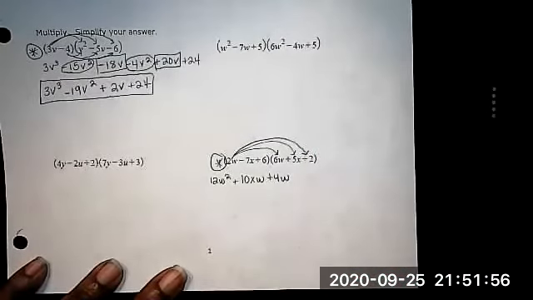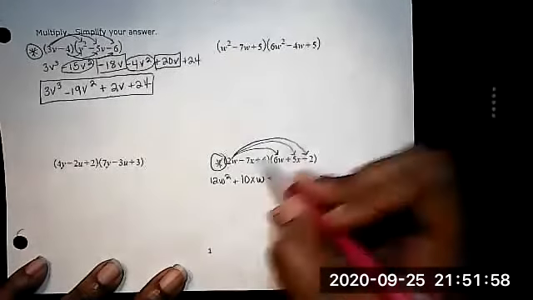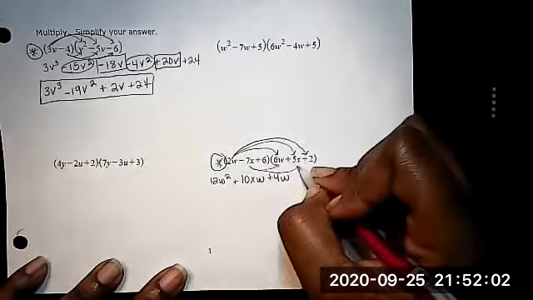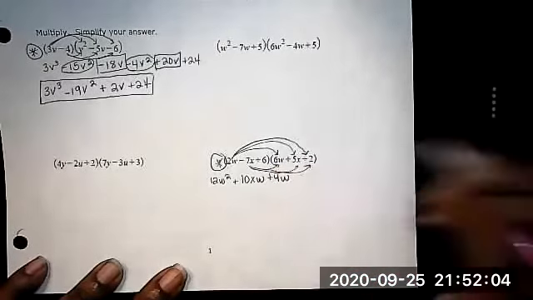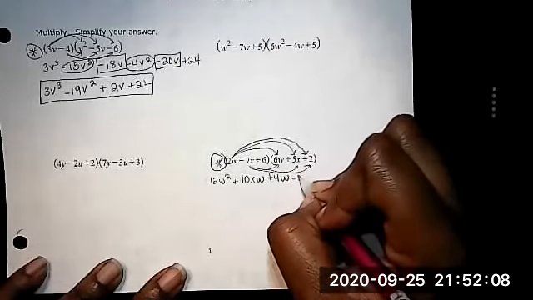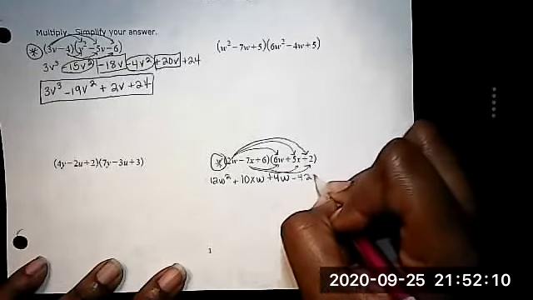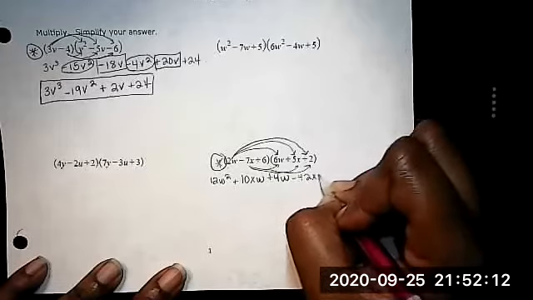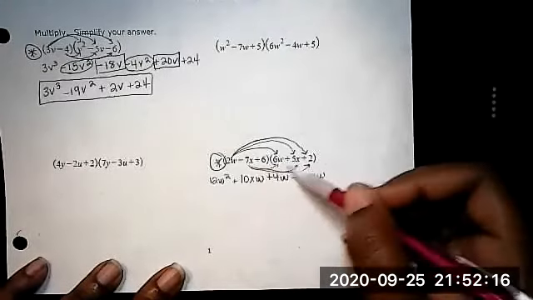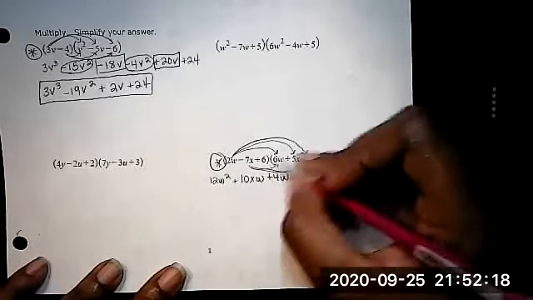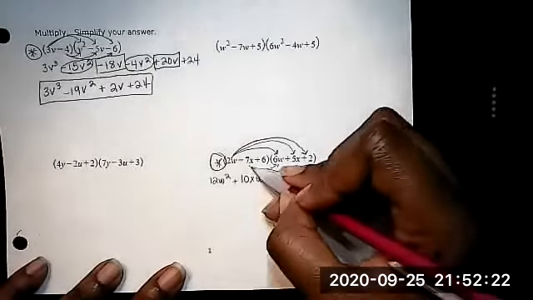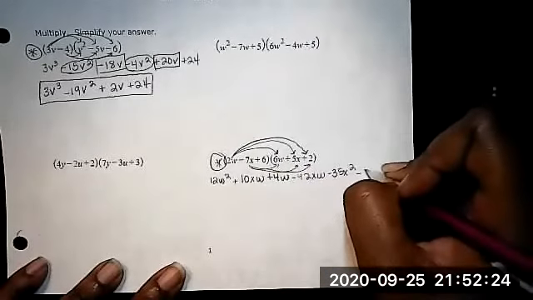Multiplying the numbers. Now we have -7x times 6w, -7x times 5x, -7x times 2. -7x times 6w becomes -42xw, okay? -7 times 5x becomes -35x squared. -7 times 2 is -14x.